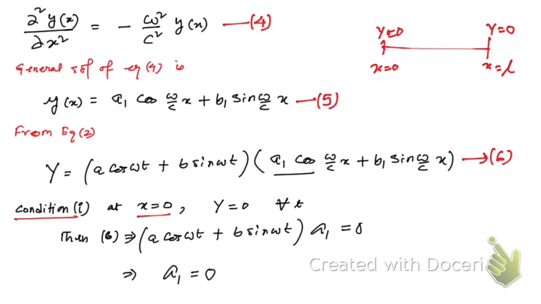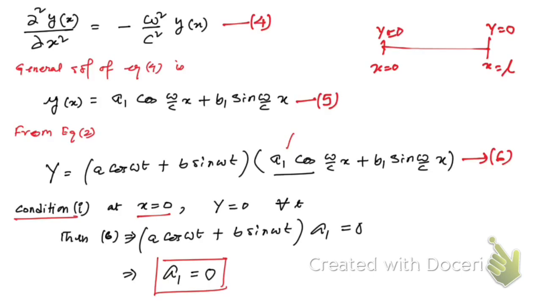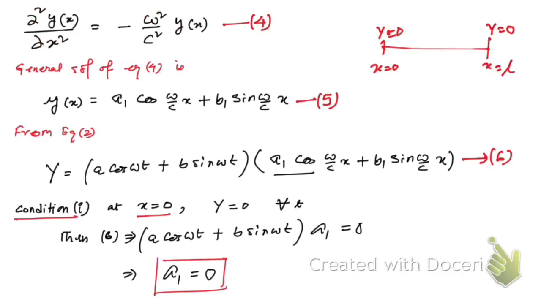If this a1 is equal to 0, then this term will be equal to 0, right? Then this equation number 6 becomes, on putting a1 is equal to 0 here, then equation number, let me take a new slide. Therefore equation number 6 implies, so what is 6? Let me copy this 6, equation number 6.